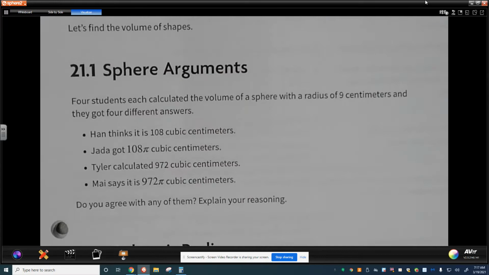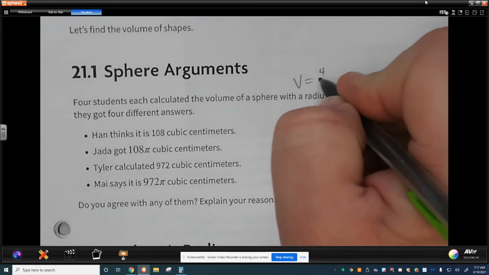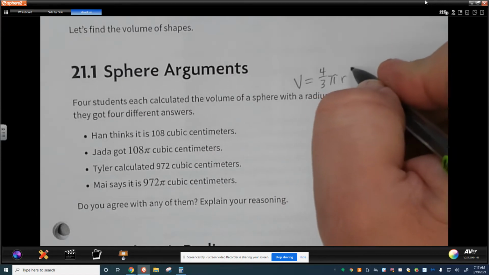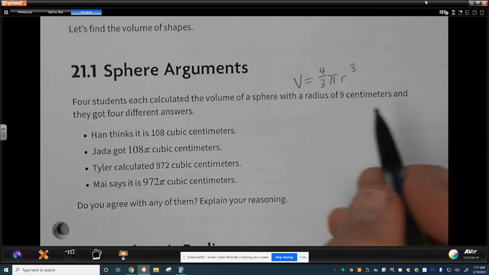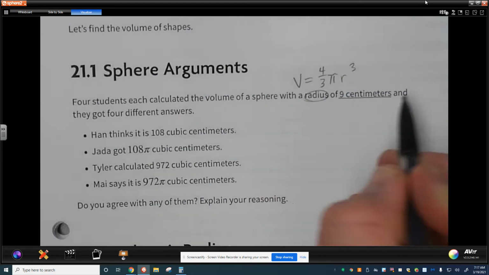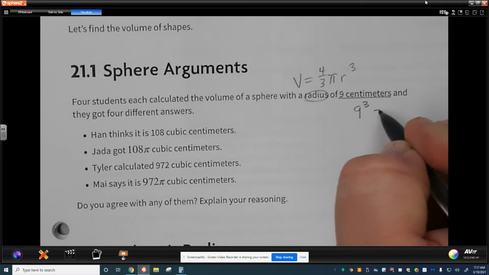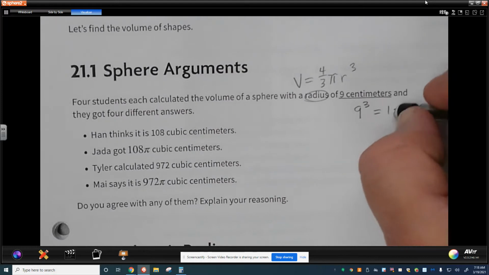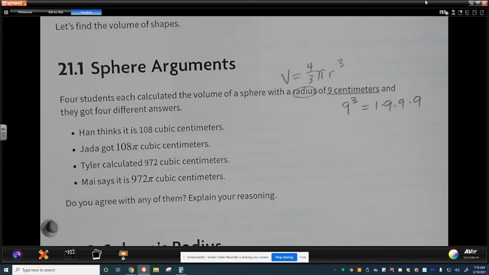The place that we need to start is the volume of a sphere is 4/3 times pi times the radius to the third power. Off the top of my head, the very first thing I'm thinking about here is the radius is 9 centimeters, which means that we are going to take 9 to the third power, which is equal to 9 times 9 times 9.